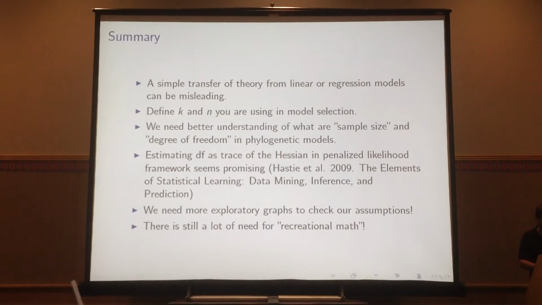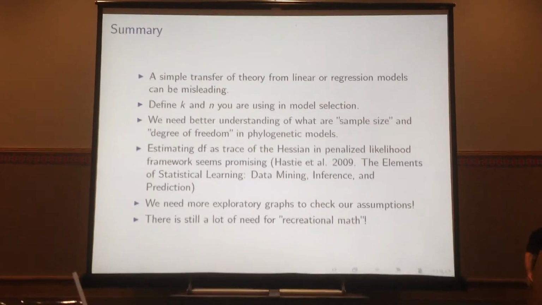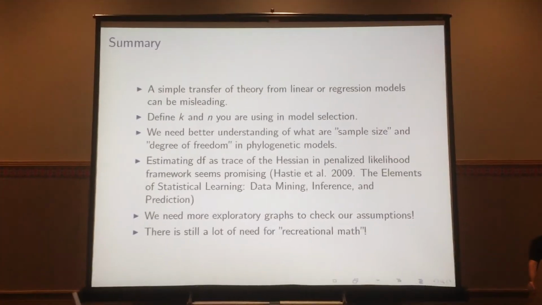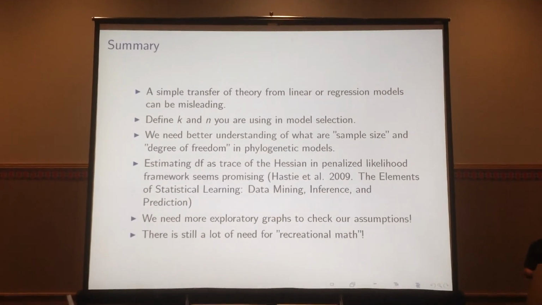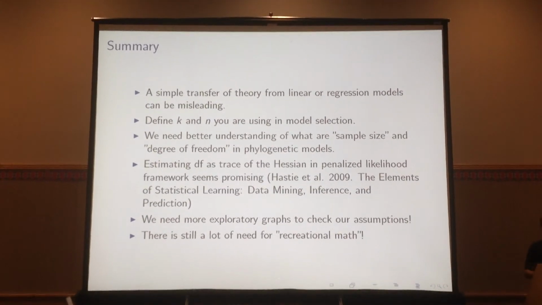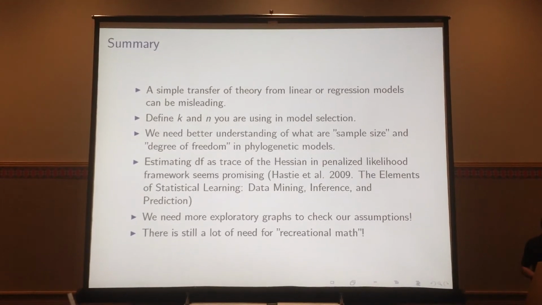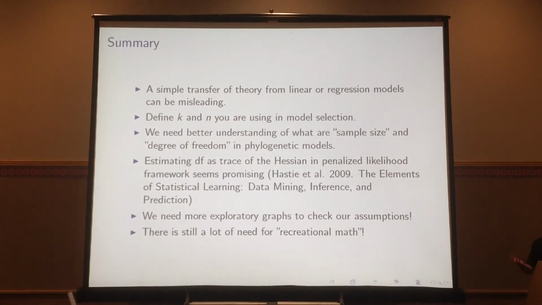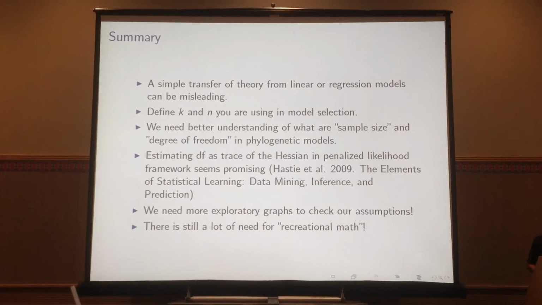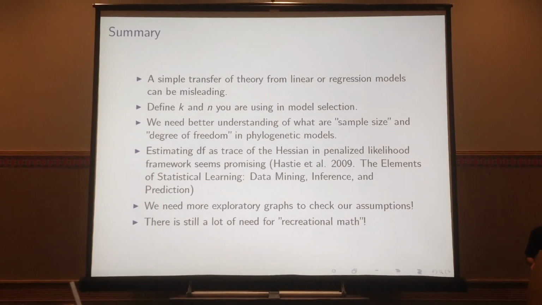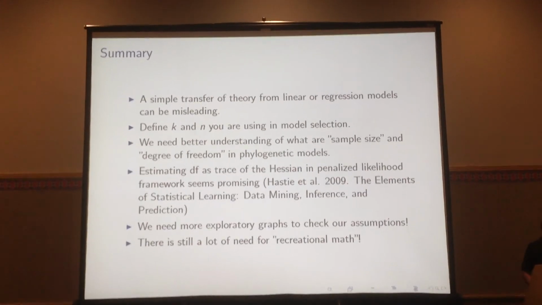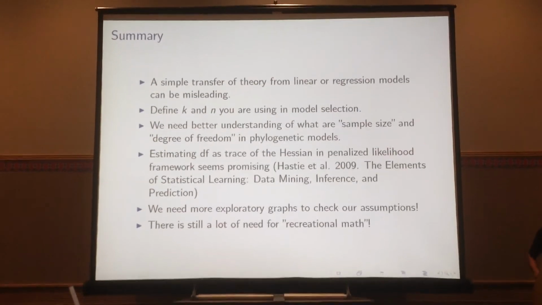So that's just some warnings. A simple transfer from one likelihood method to phylogenetics is probably not working. There is some nice theory about how to get the number of parameters in a penalized likelihood framework, which is probably really important.